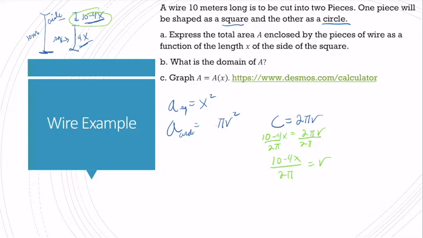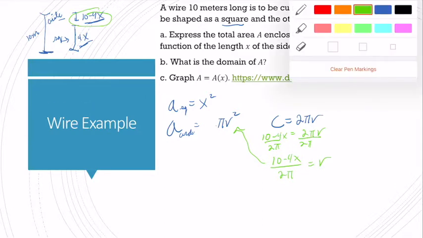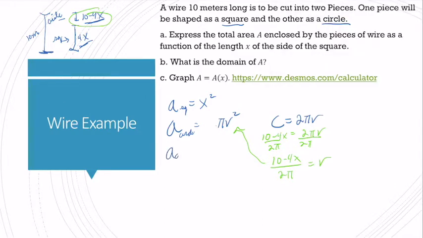So now for my new area of this circle, I'm going to substitute in for r. So my area of the circle is pi times (10 minus 4x) over 2 pi, squared. I need to go ahead and square this.